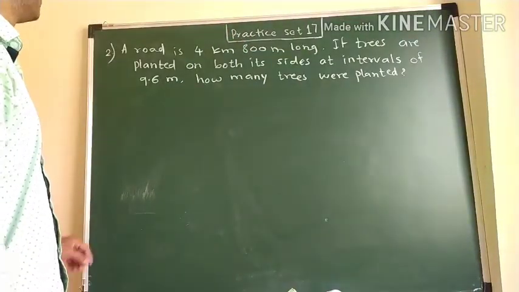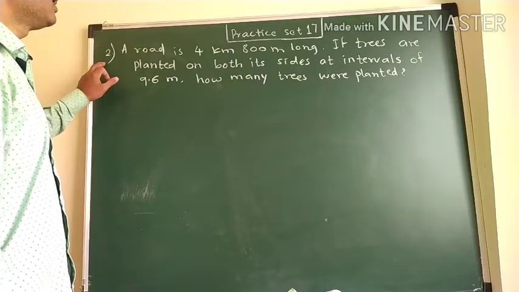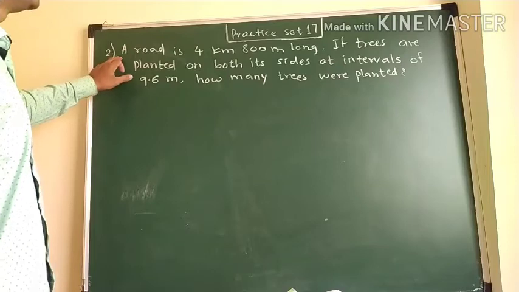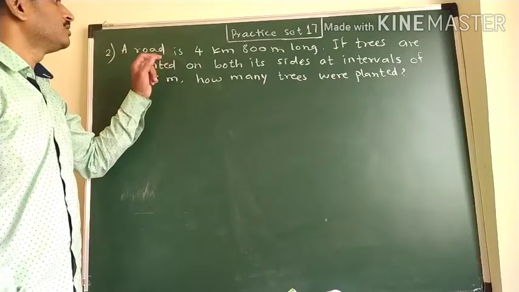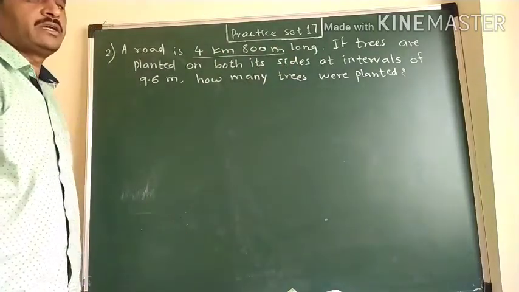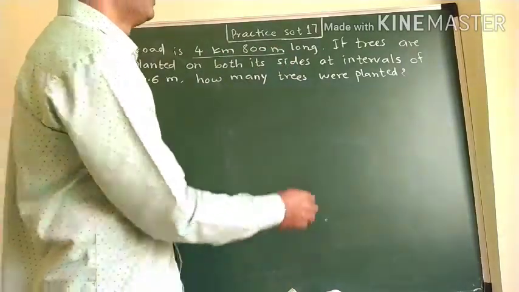Now we are going to see the second question of this practice set 17. The question is, a road is 4 km and 800 meters long.